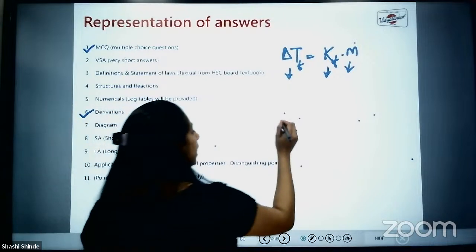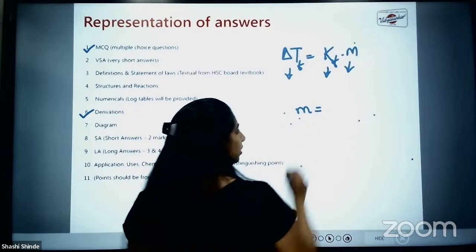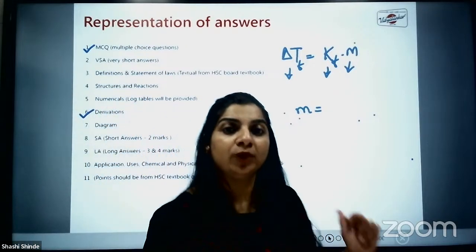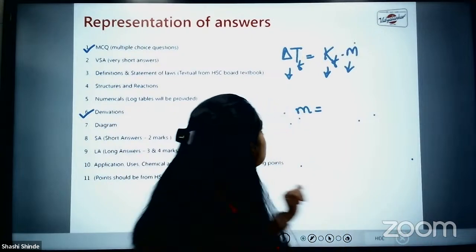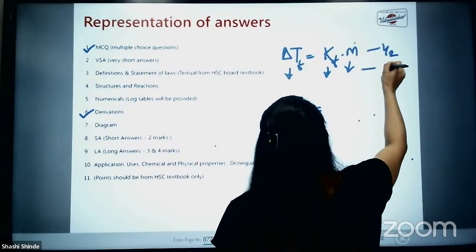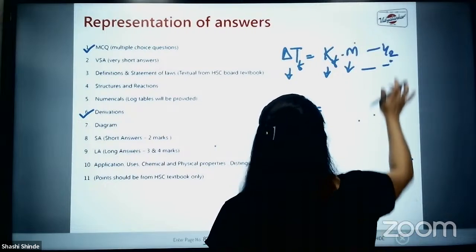As we all are aware, m is molality. Then write down the formula for the molality, right? So we will write the formula for the molality. Writing of the formula of molality, again it will carry half mark. So you will get half mark for this, half mark for explaining the terms which are involved in the formula.